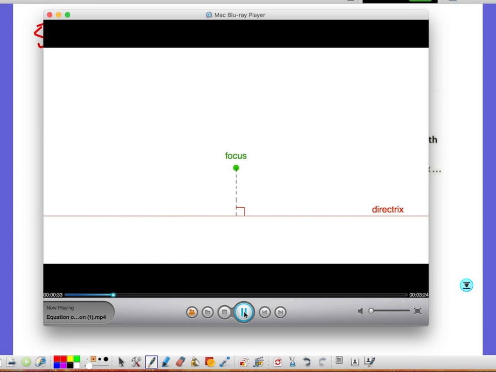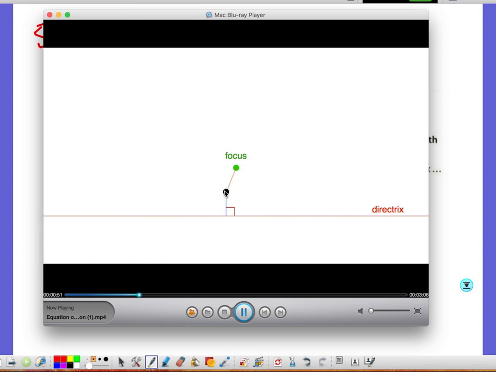Well, what we want to do is connect the focus and directrix, and we have a point in between such that the line between the focus and directrix is bisected evenly. Now notice that this blue line here is always going to be perpendicular to the directrix, and so when I move this point in between, you can see how the line is always perpendicular to the directrix.